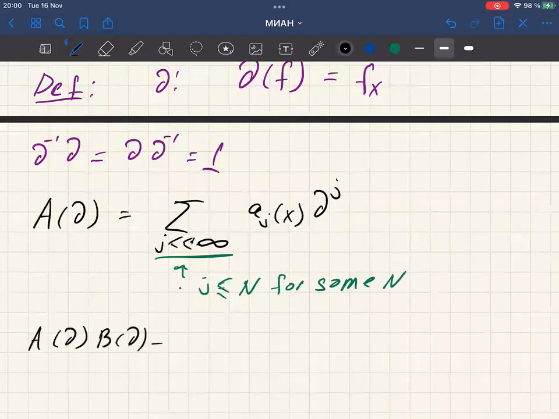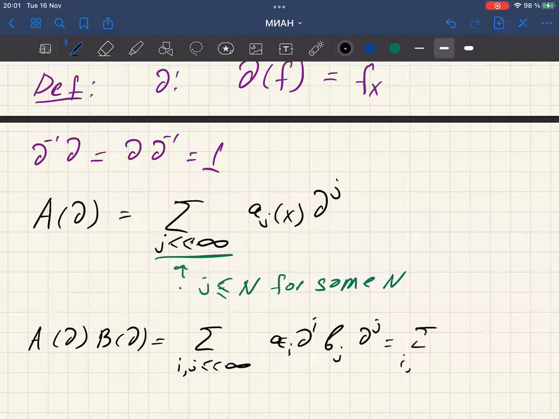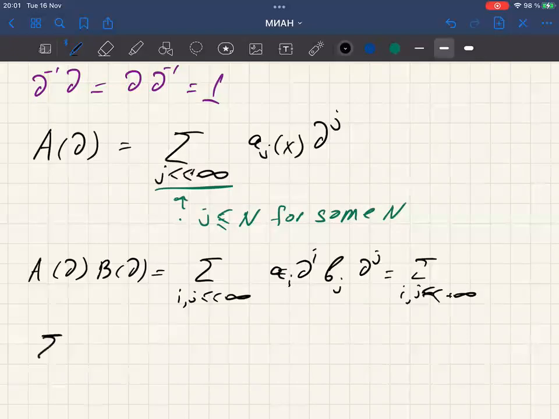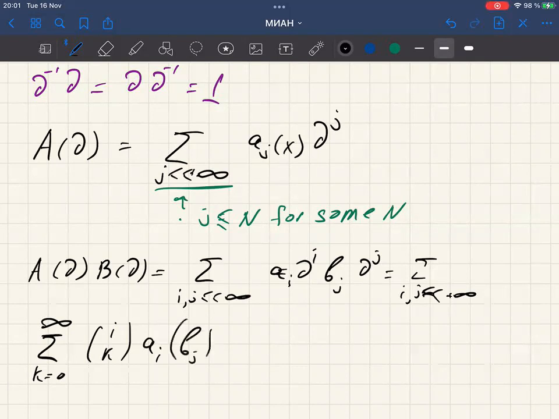A d^a times B d^b equals the sum over k from 0 to infinity of the binomial coefficient times the kth derivative of b.